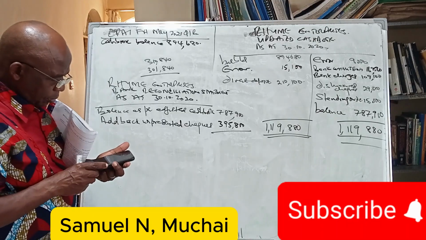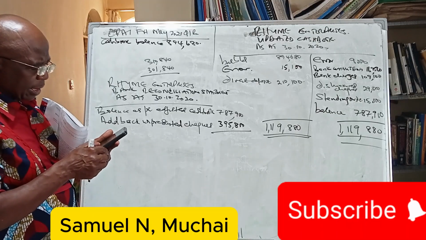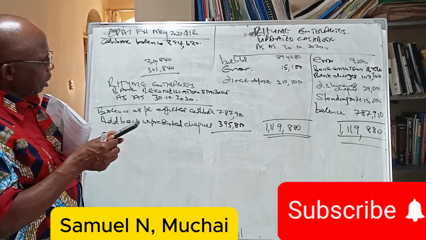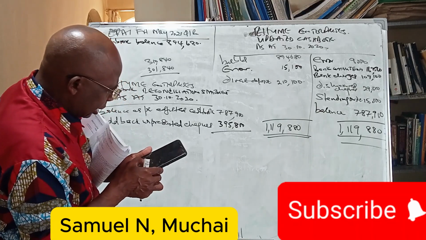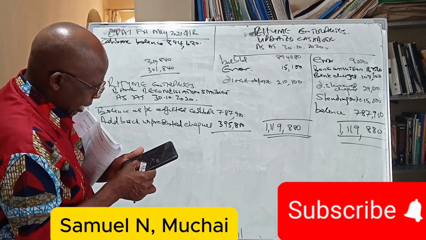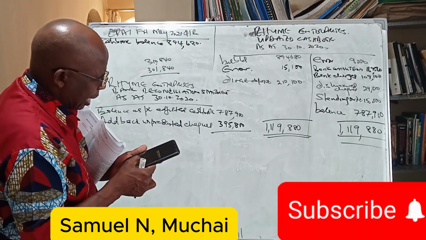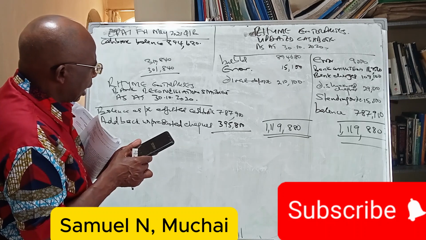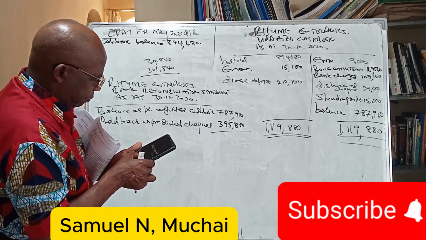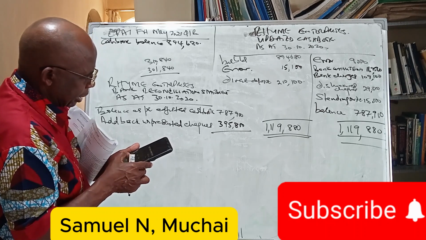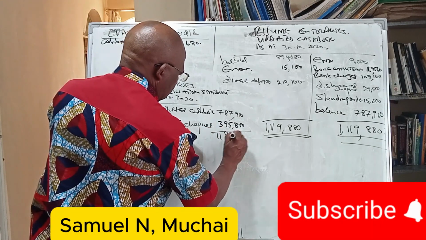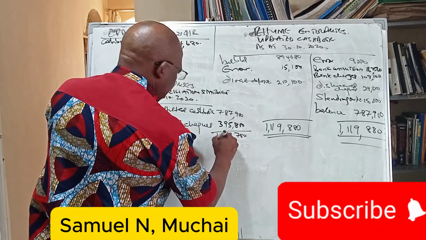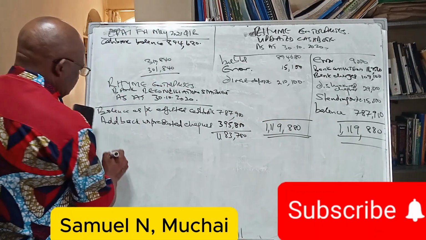So if we add them, 787,910 plus 395,800, we get 1,183,700. There were no errors by the bank.